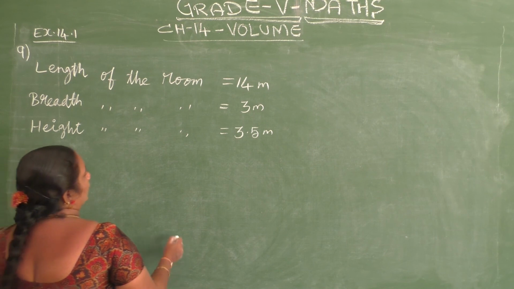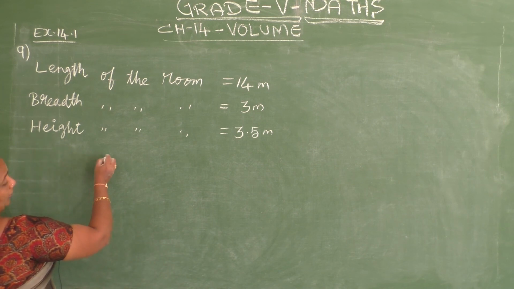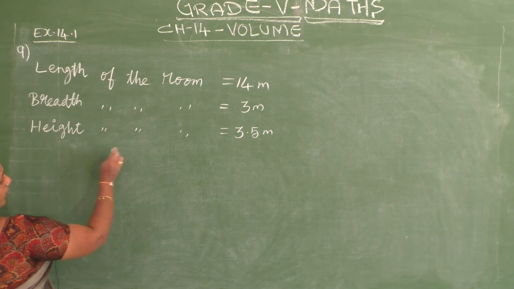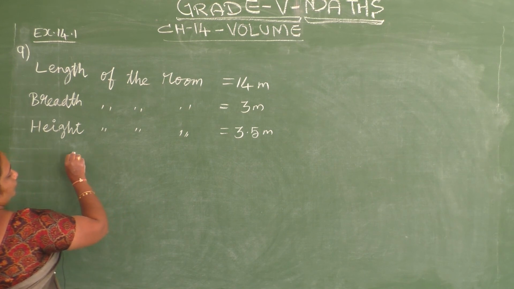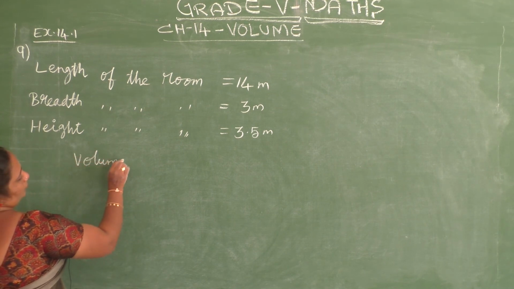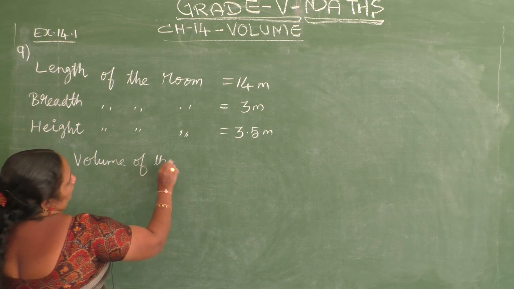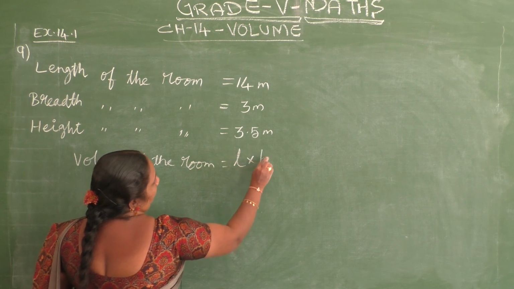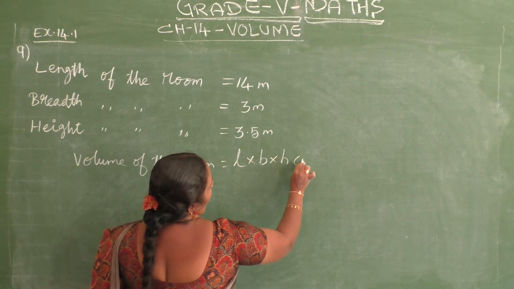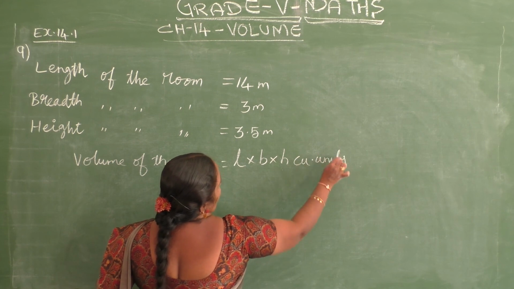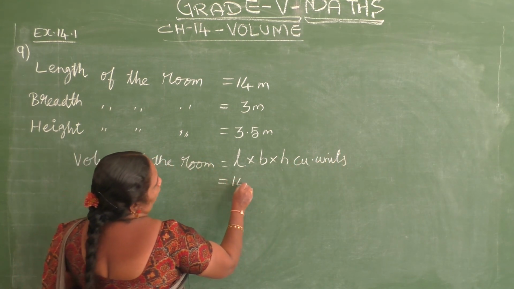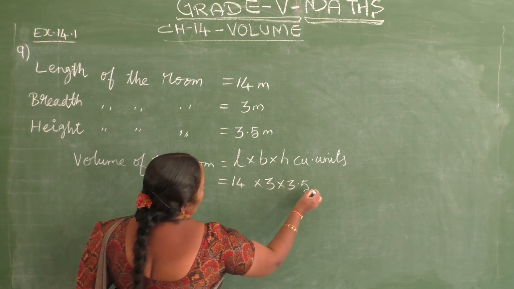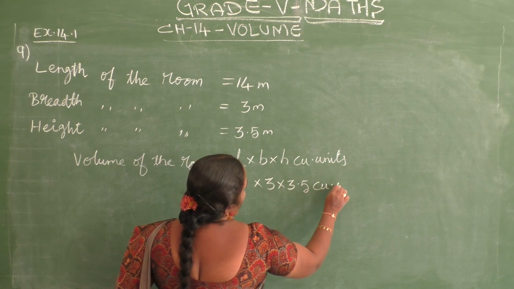Okay, so now we have to find out the volume of the room. That only volume of the air. L into B into H cubic units. So length is 14 meter, breadth 3 meter, height 3.5 cubic meter.